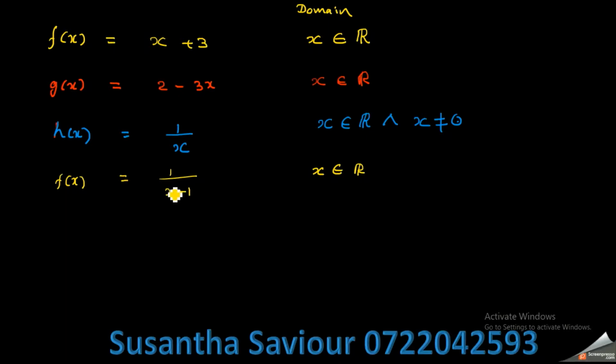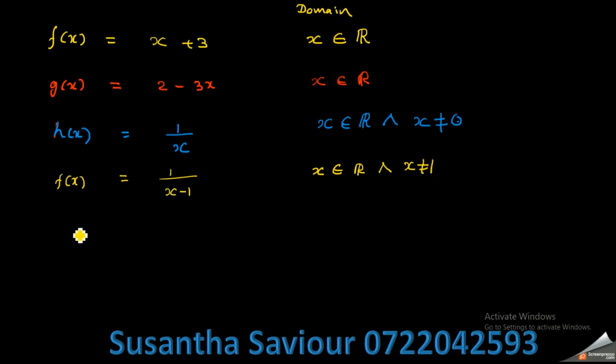If you have x equals 1 in the domain, it doesn't have any corresponding value in the range. Therefore, it will not be a function. Therefore, we have to get rid of x equals 1. So when we define the domain of this function, x belongs to R and x is not equal to 1, x cannot be equal to 1.